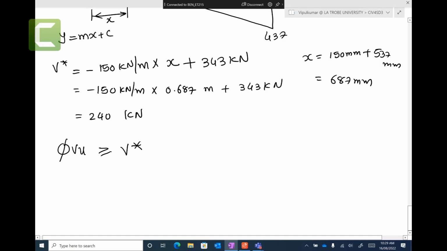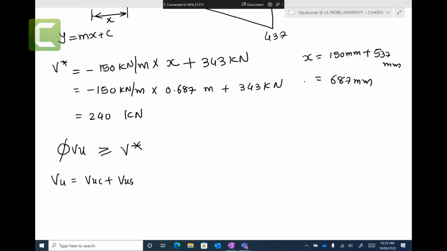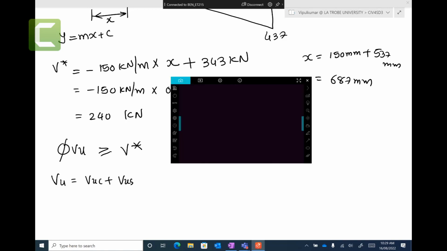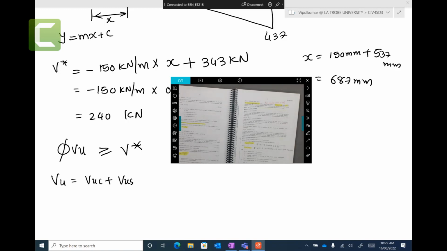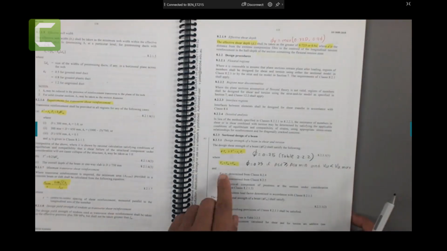Now here, phi VU. So VU equals VUC plus VUS, which is given here.